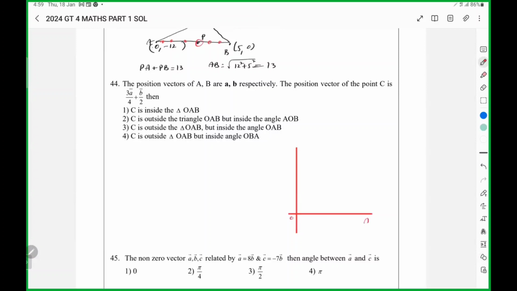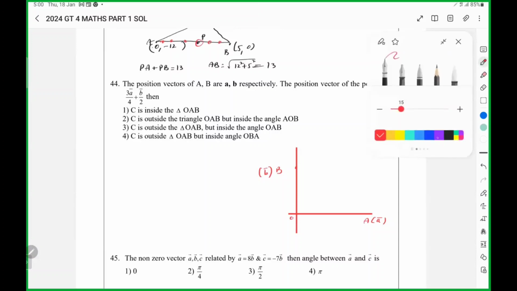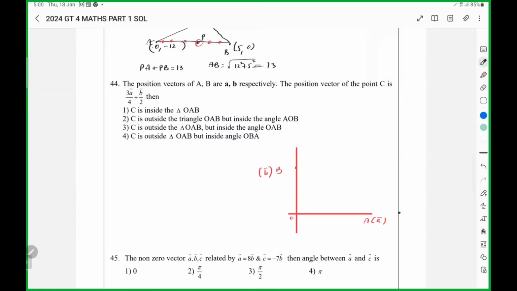Here if I take OA as A bar, OB as B bar, so 3A by 2 will be somewhere. First of all, this is the triangle and the B bar by 2 will be here.